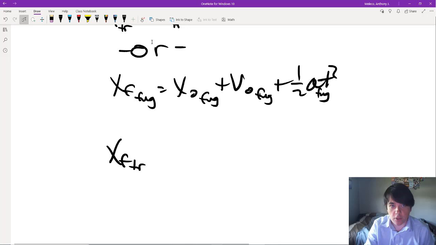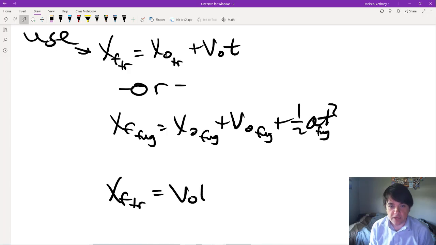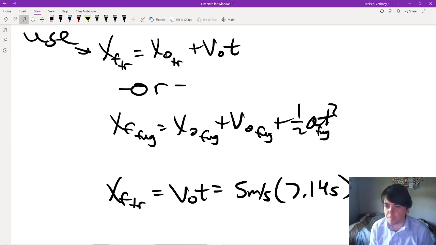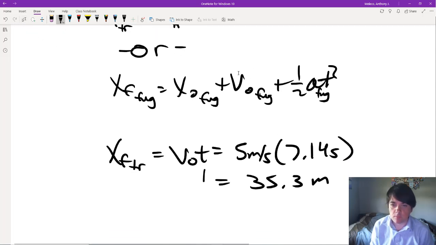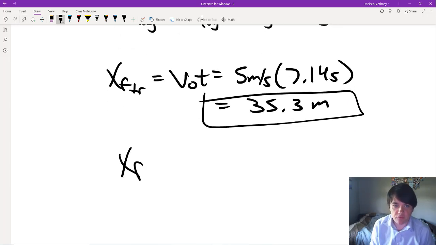So x final train, and that's because we set these equal earlier, that it gives you the same. V naught times time. Our v naught was 5 meters per second times 7.14. And this gives us a result of 35.3 meters. And if we plug in x final fugitive, we can cancel the things, right?